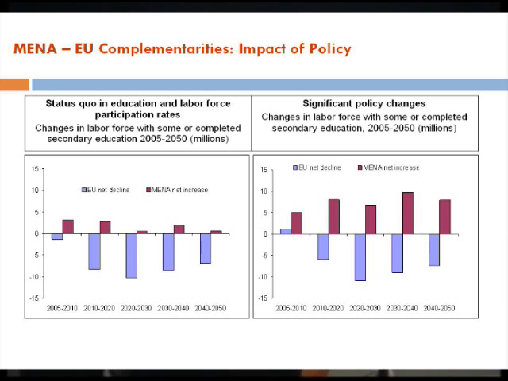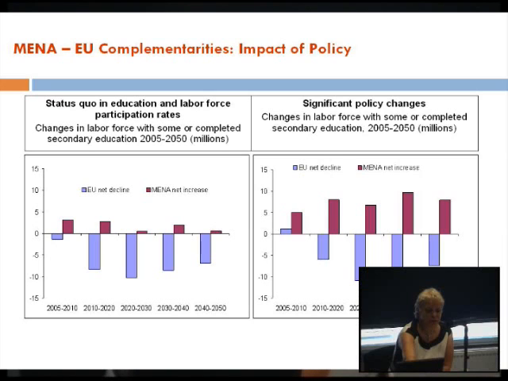So what we see is the EU net decline in the labor force, and the purple shows us the increase in labor force age 15 to 39 in MENA that have completed secondary education. So really, it's not at all in line with the potential needs of Europe.